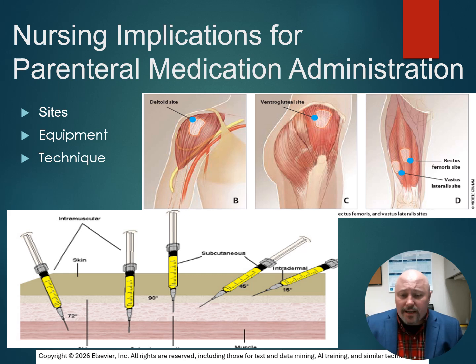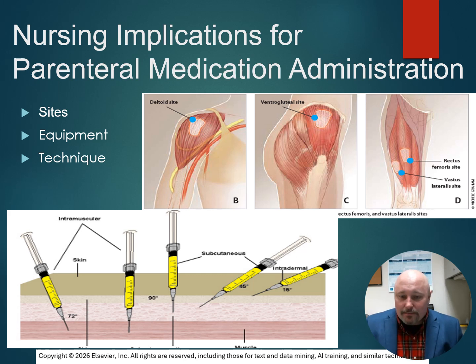The reason being is that is a muscle that everyone has. You're going to see some little old ladies out there who just do not have enough deltoid muscle to give an IM injection. And that's okay. Well, everybody's got a ventrogluteal or vastus lateralis. Everybody's going to have some muscle there.